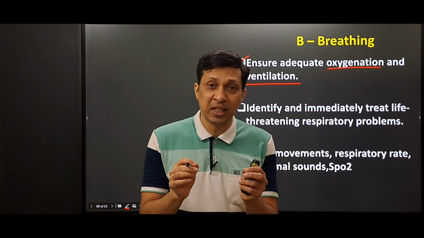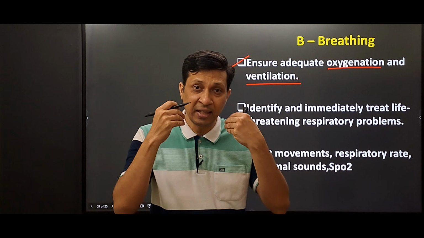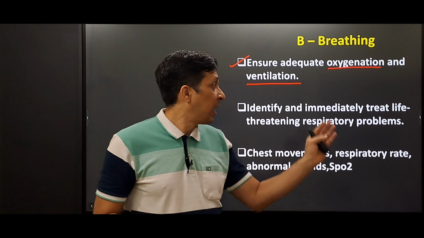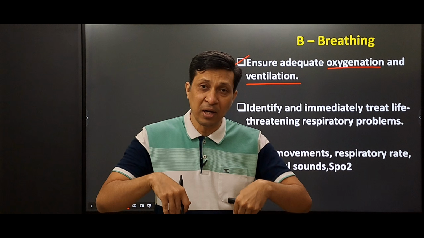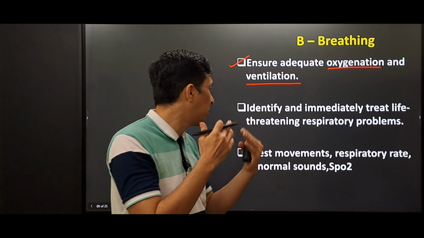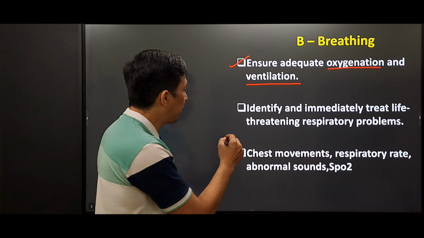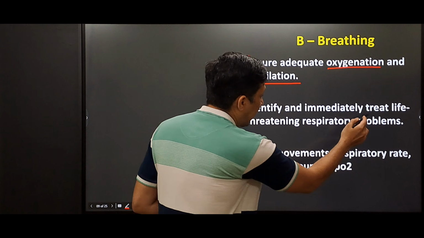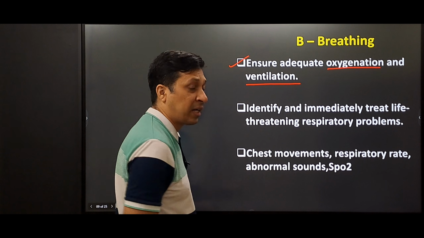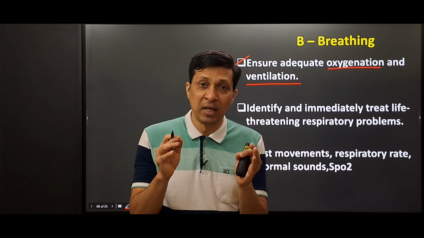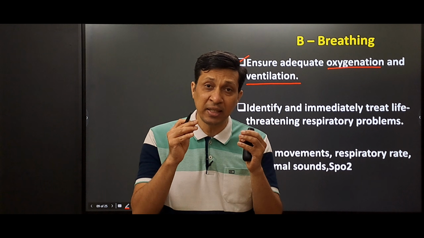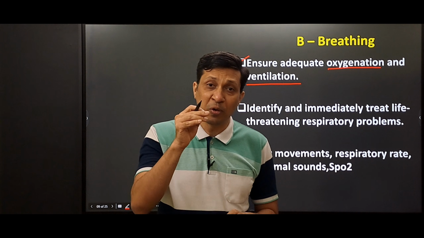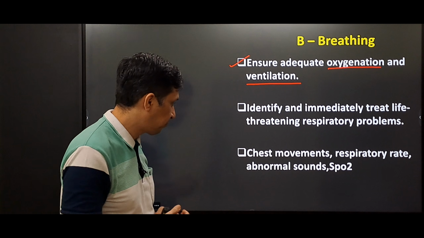Adequate oxygenation means the oxygen is entering through the lungs into the body, and ventilation means the carbon dioxide is coming out through the lungs out of the body. And here you have to identify and immediately treat the life-threatening respiratory problems. Sometimes there can be very life-threatening conditions, especially in trauma, that you have to manage in emergency.